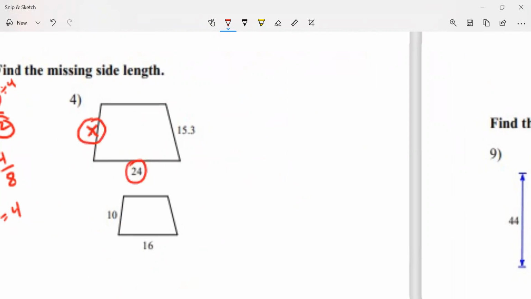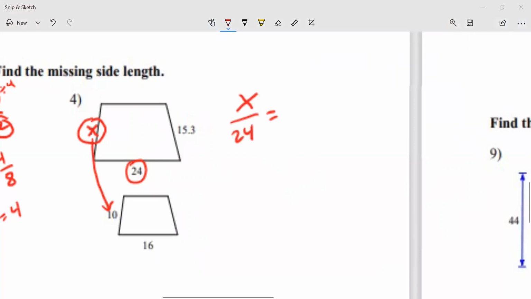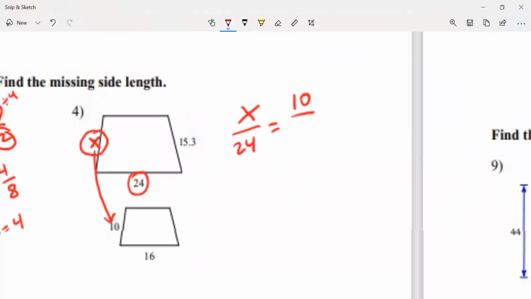Again, because the polygons are similar, I only need two values per polygon, per figure. I don't need to use all the numbers given. Okay, so let me make a fraction. X over 24 equals, now this x goes with this 10. So this other side, let me write a 10. And 24 goes with 16.